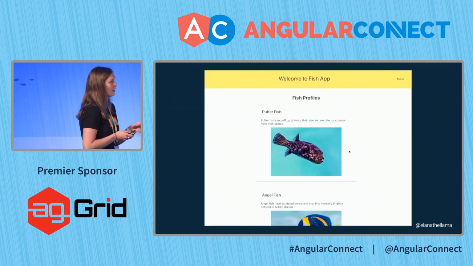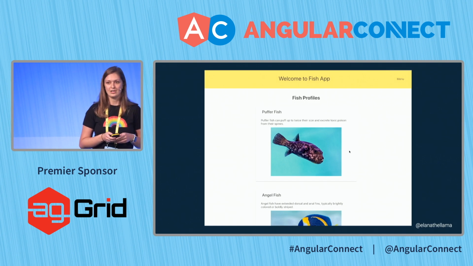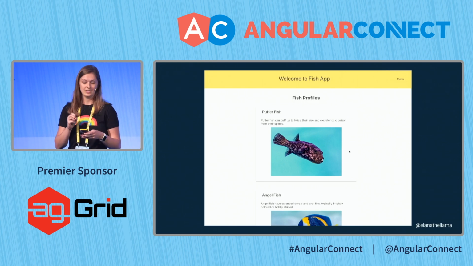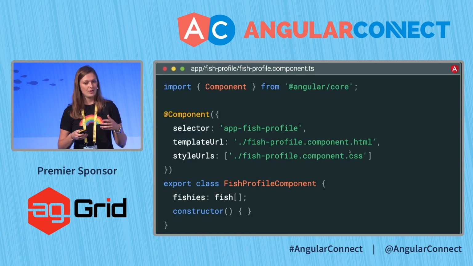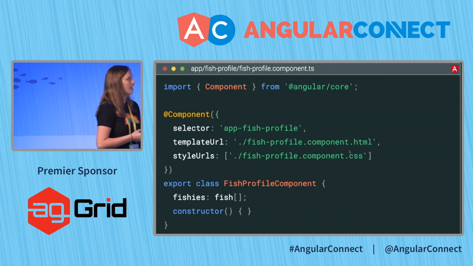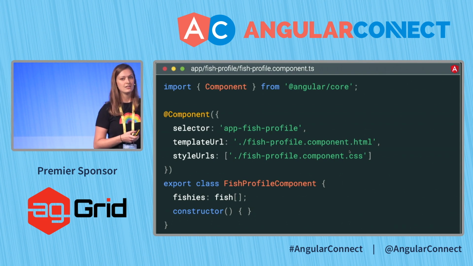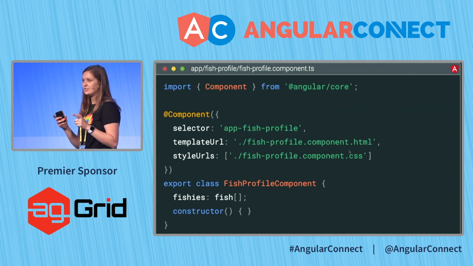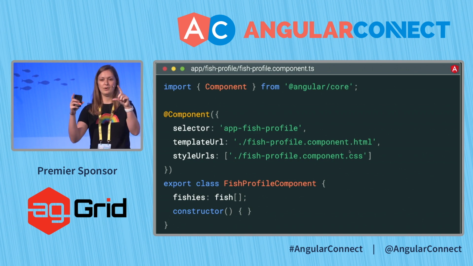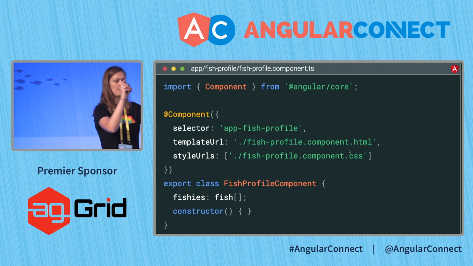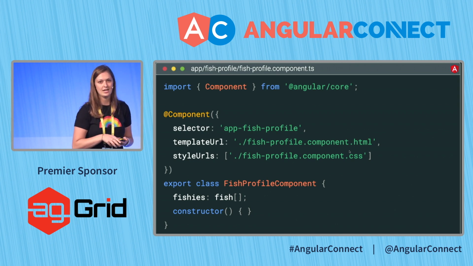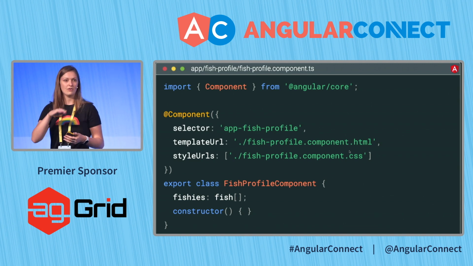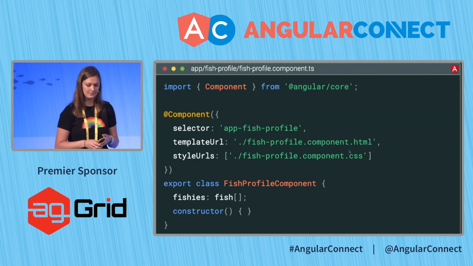Let's take a look at what our beginning application might look like. So we have some fish profiles, and each fish profile is a component. And when we create that fish profile component, every component is given a selector, a template URL, and a styles URL. Now, the selector allows us to take that component in brackets and put it in any HTML file and say, OK, we want this component here, and we want this component here, so we can duplicate it over and over again in different views.